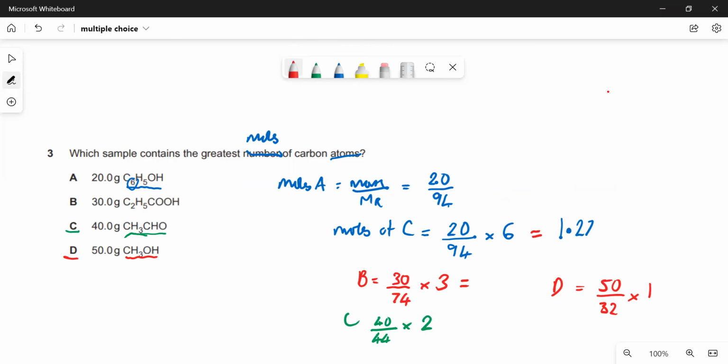I think 30 divided by 74 times 3, it's about 1.2. Now this one, C, is definitely going to be bigger. 40 over 44 times 2, that's about 2. So that's got the most moles of carbon so far. And can D compete with that? Well, it can't, because 50 over 32 times 1, that's just over 1. So C is the right answer there.